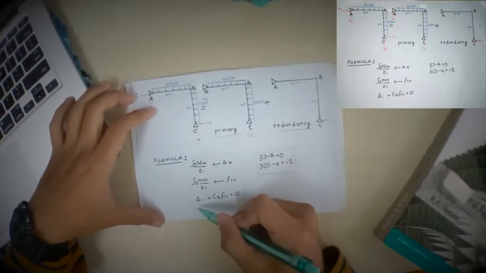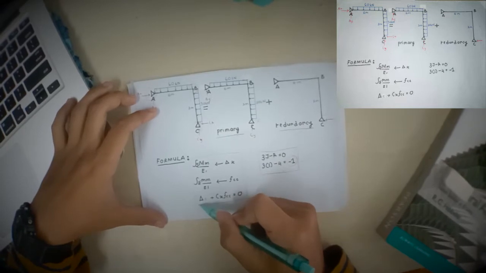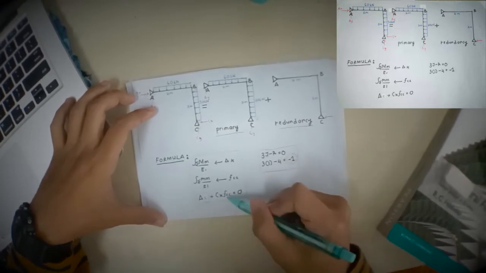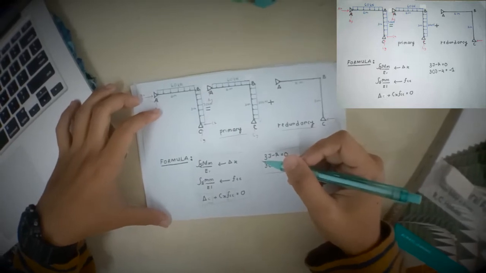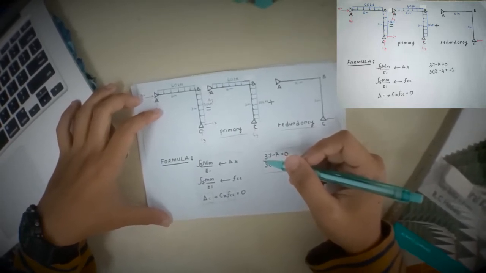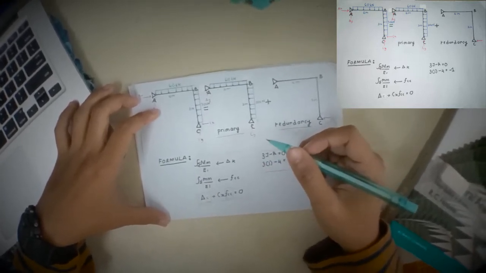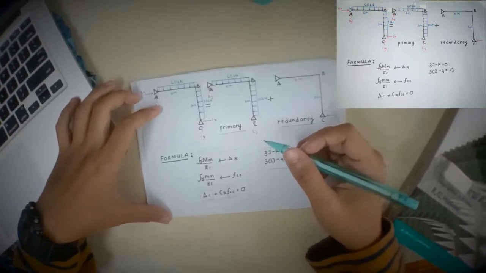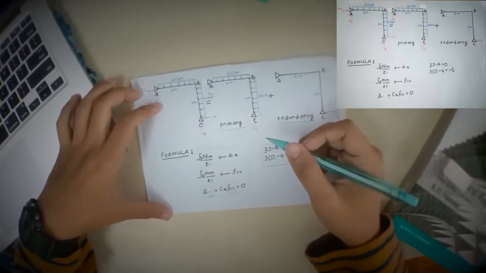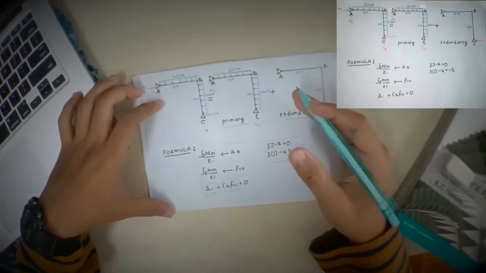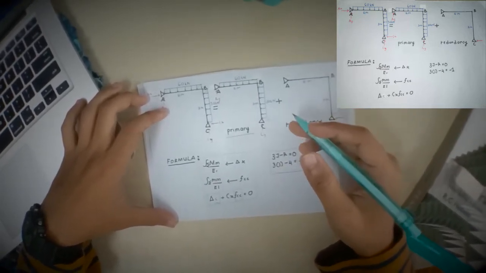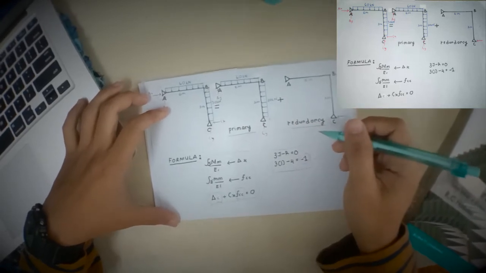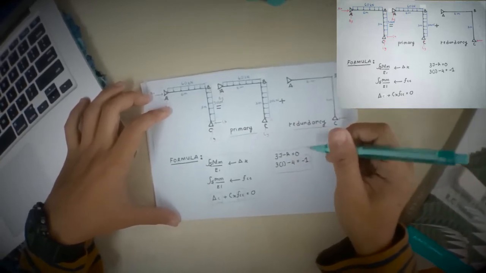The terms delta C and FCC here will be determined using the method of virtual work. What is virtual work? As I said, we will know more about virtual work in the next step. Okay.